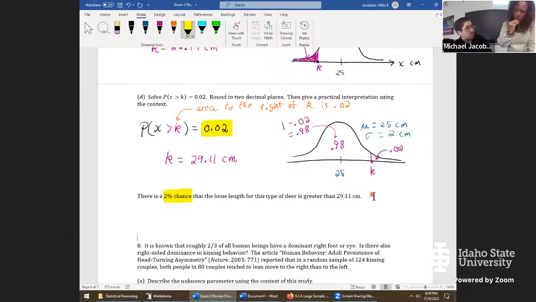Oh, but you would want to use inverse norm on this one. Really? Yeah, if you're given a probability like this right here, you're always doing an inverse norm. We don't ignore the upper, but we have to use the lower probability of 0.98.